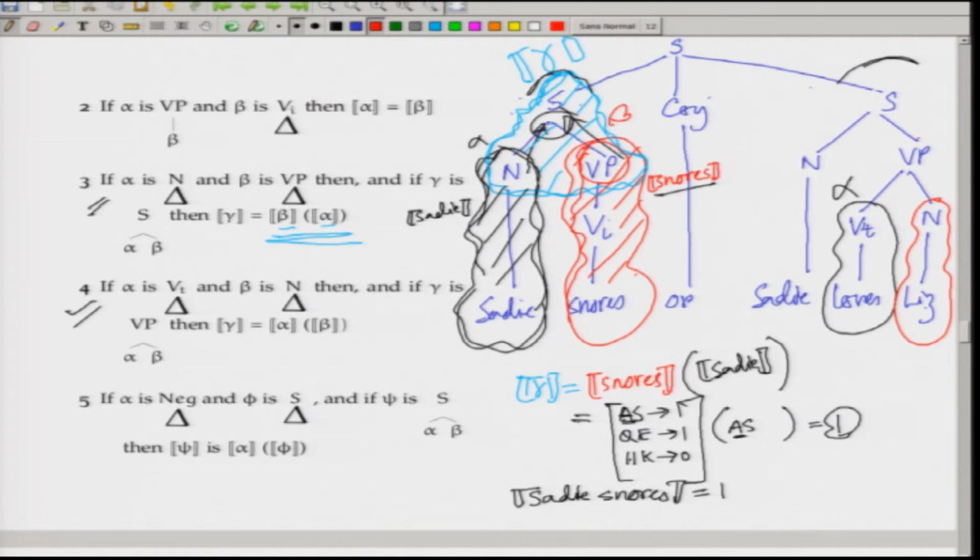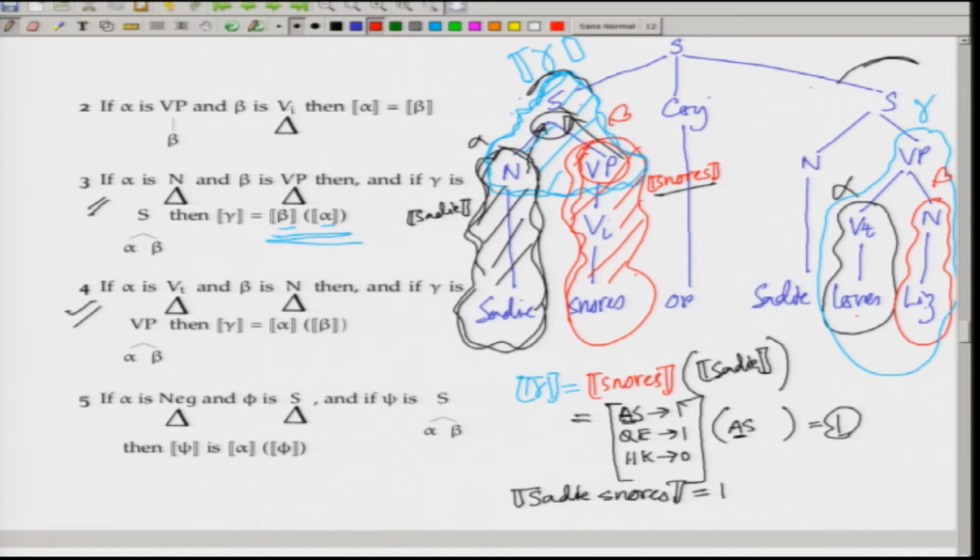So basically if this is gamma and this was beta, then what will be the truth value of this thing, that is VP, the entire branch VP goes to VT and N. What will be the truth value of that?